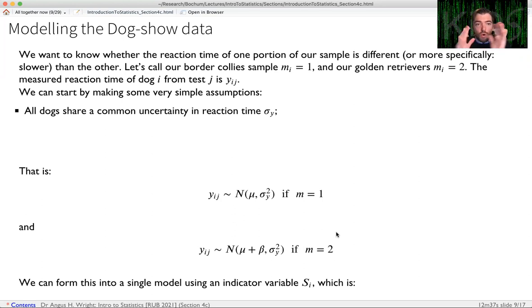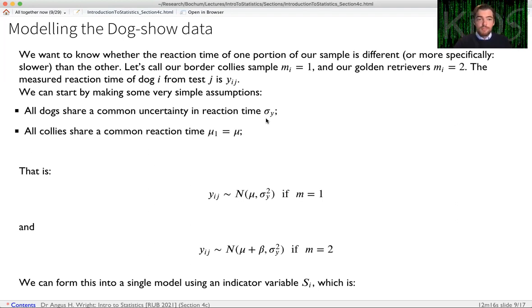We can assume that all dogs, regardless of breed, share some common uncertainty in their reaction time. That is to say that if every single animal had the same mean reaction time, just because of environmental factors, there is a standard scatter in that measurement. We call that scatter sigma y, and that's the same for all animals.